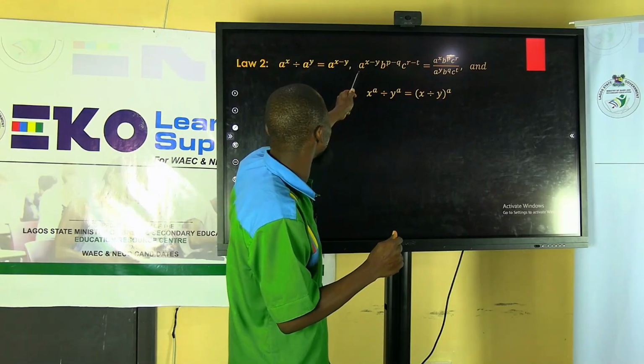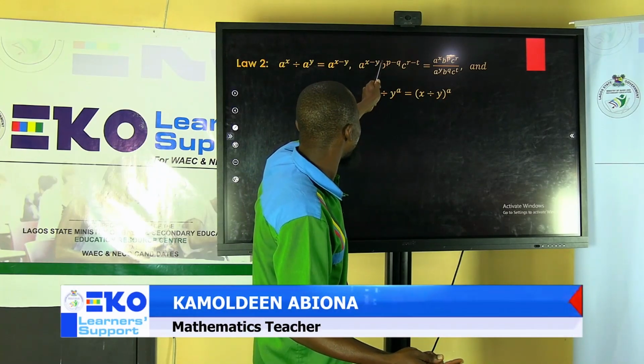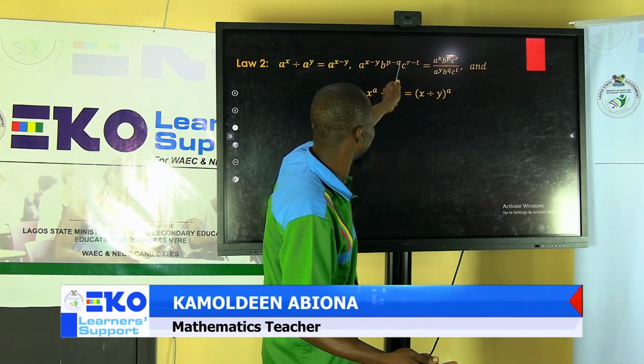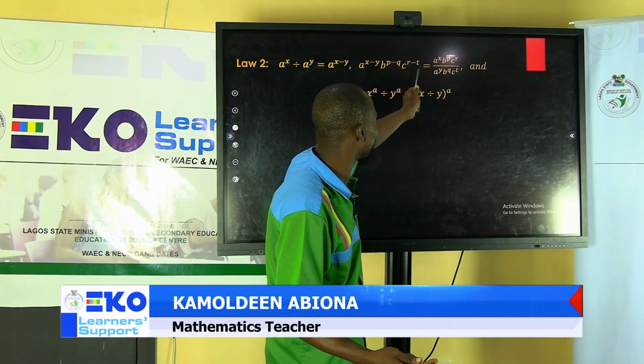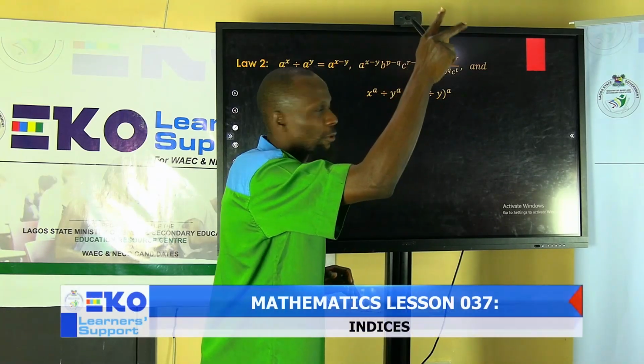So if you have a raised to power x minus y, how do you break it down? A raised to power x minus y, b raised to power p minus q, c raised to power r minus t. We can break it down such that we have a raised to power x, b raised to power p, and c raised to power r at the numerator.